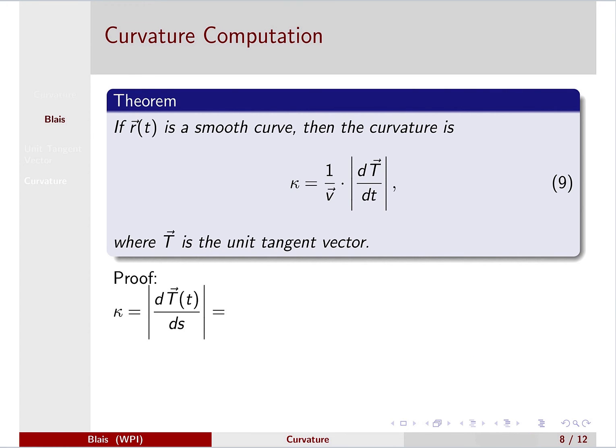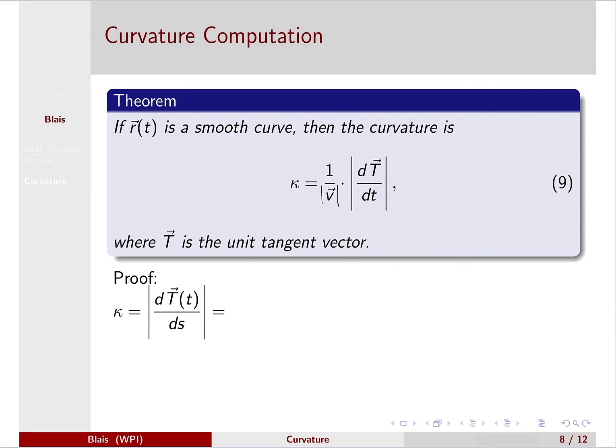And here is one of them. So to actually compute curvature, if r of t is a smooth curve, so r prime of t exists and is continuous, then kappa is 1 over the length of v times the magnitude of the time derivative of the unit tangent vector.